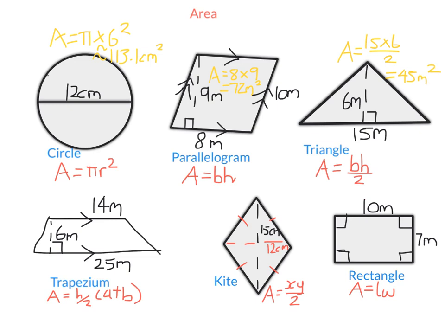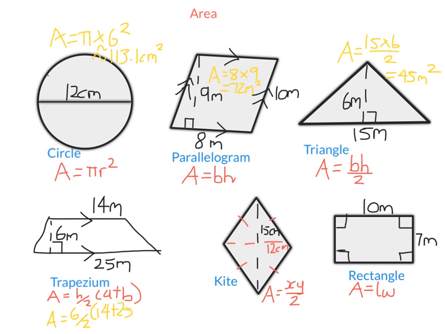So the hardest shape to find the area for everyone seems to be a trapezium. The area of a trapezium is perpendicular height divided by 2, and then you times it by the sum of the 2 parallel sides. So for this trapezium here, the area would be perpendicular height divided by 2, so 6 divided by 2, times the sum of the 2 parallel sides.